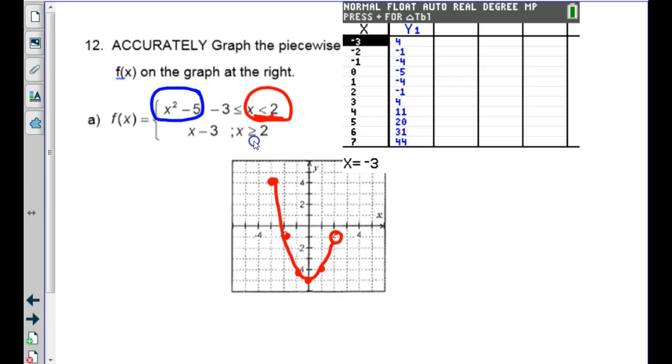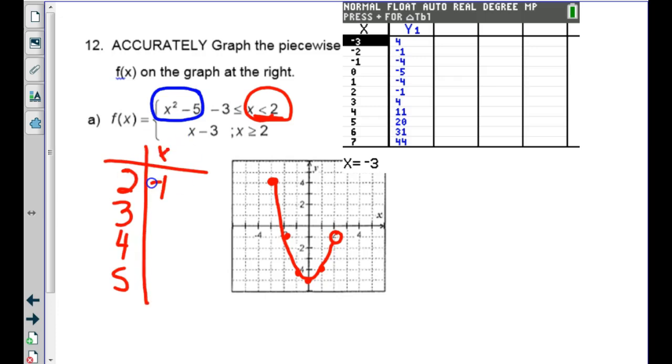All right, then it says x minus 3 for values 2 and greater. I'm just going to do this by hand. You could do it on your calculator. So values of x 2 and greater, 2 minus 3 would be negative 1, 0, 1. That'll give me the right idea here. So it starts at 2, negative 1.